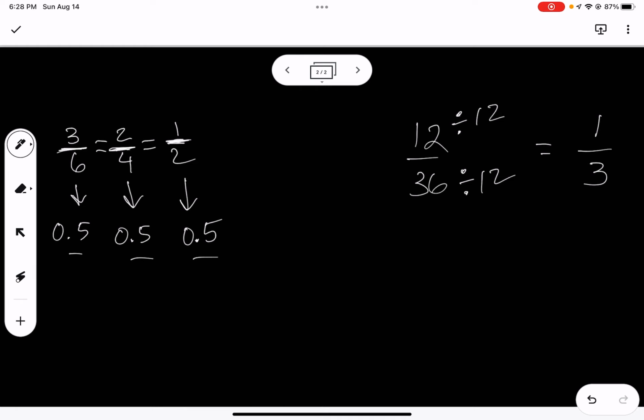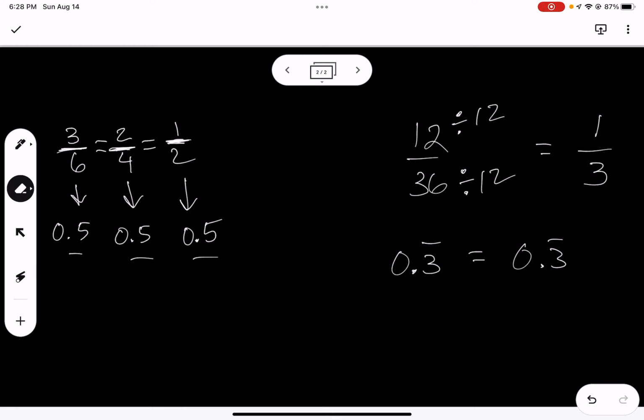Hopefully when you did your division, you noticed that you got 0.3 repeating, right? And when you did 1 divided by 3, you got the same thing. So this is how you can test if you did it right.